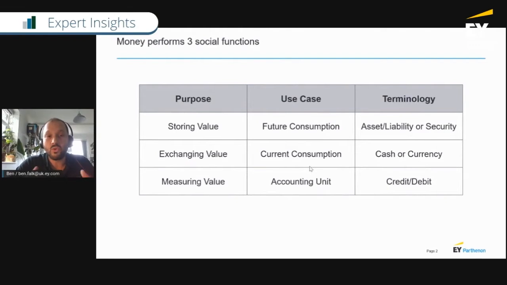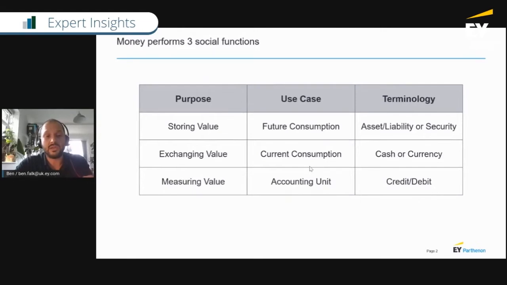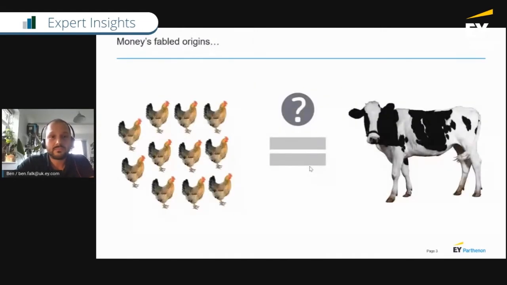The first is storing value, which satisfies future consumption, and we typically call an asset or a liability equivalently, or a security. The second function is exchanging value, which satisfies current consumption demands, and what we typically call cash or currency. And the third function is measuring value. We use money as an accounting unit, and we typically call that credits and debits.